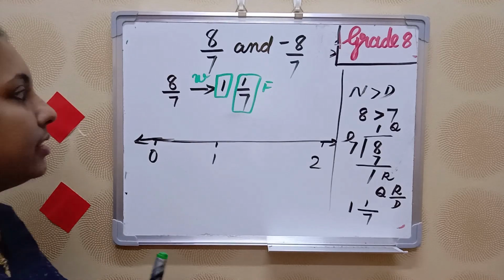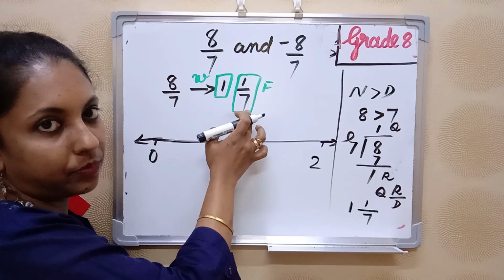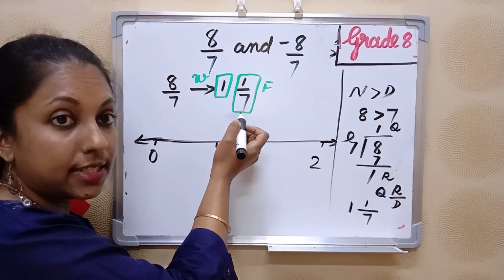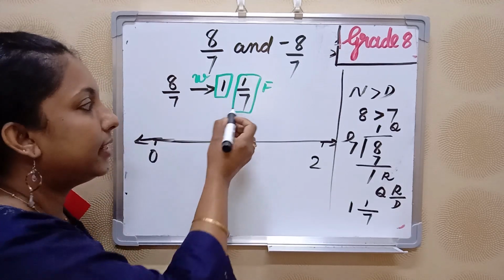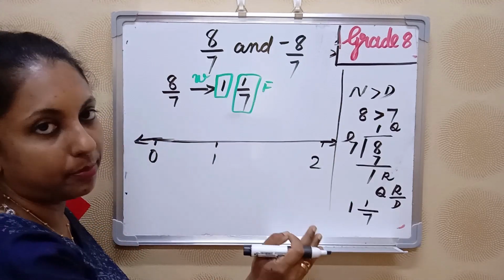Now after that, the proper fraction part 1 by 7. So the denominator tells us how many equal parts, that is 7 parts. We have to divide this part into 7 equal parts.